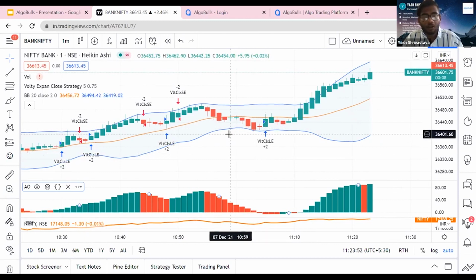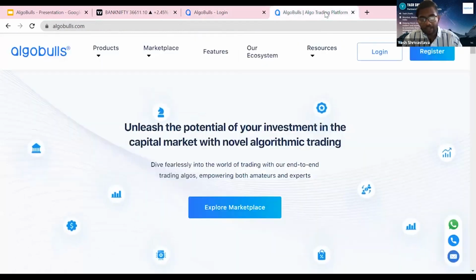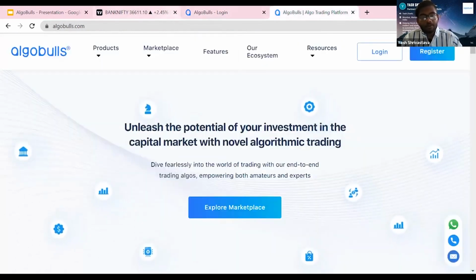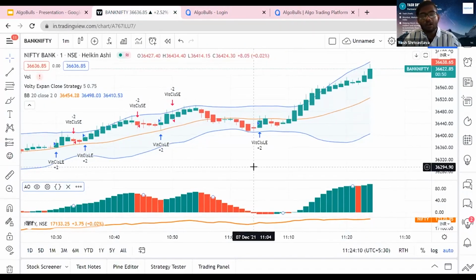That's the reason we got all the strategies automated on our platform. As I was showing, you can just log into aliceblue.algobulls.com and find end-to-end info. You will find a buffet of strategies which would give you profits according to which strategy matches best with your risk, your profitability, the kind of instruments you want to play in, and the kind of candlesticks you want to play in.